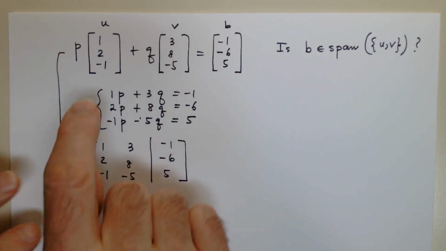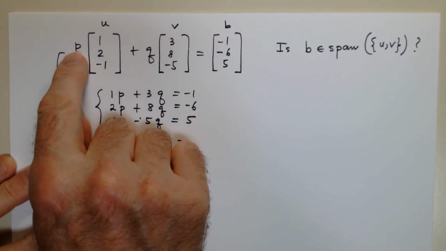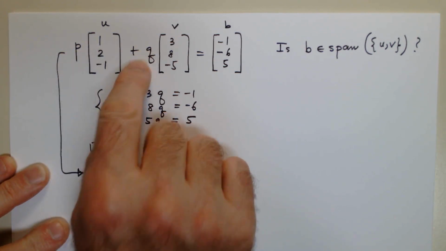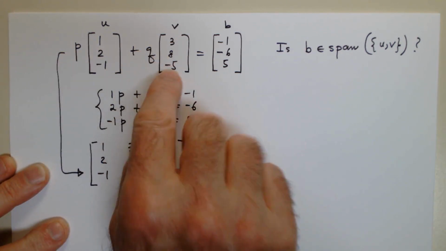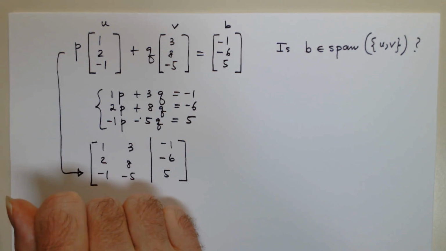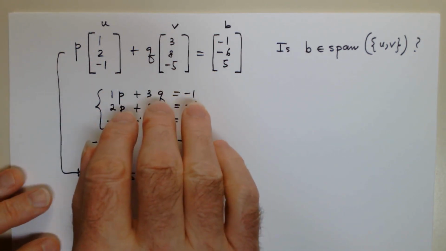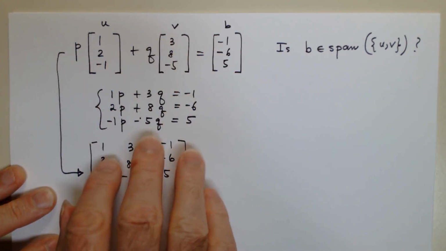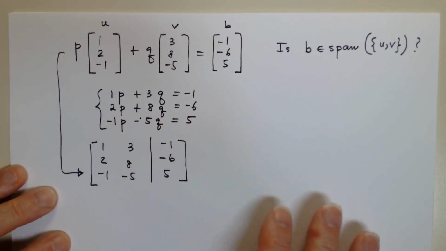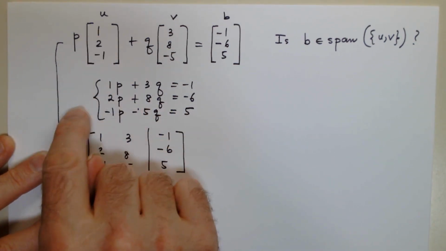Now that means, can I find some constants P and Q so that P times U plus Q times V gives me B? Now, we've seen this before, but it never hurts to see it again. I want to show you how we can first think of this as a system of equations and then put it into an augmented matrix that we can easily interpret. So let's take a look at the corresponding system.